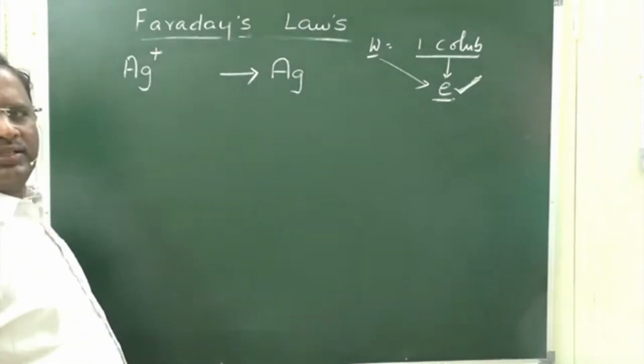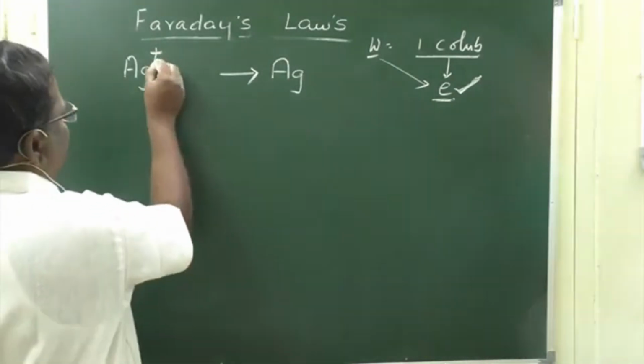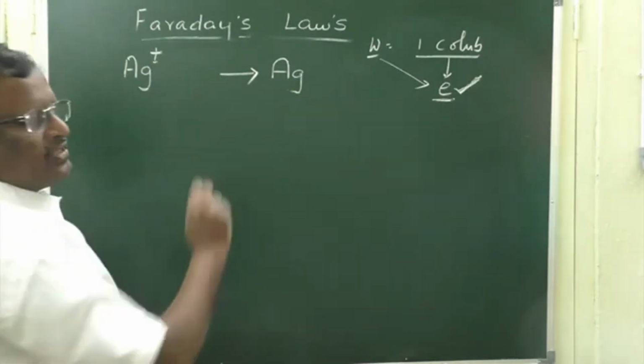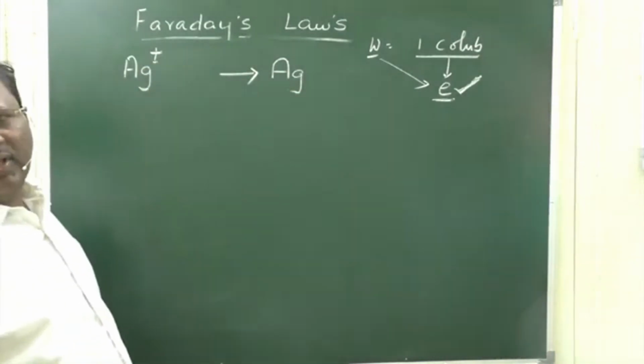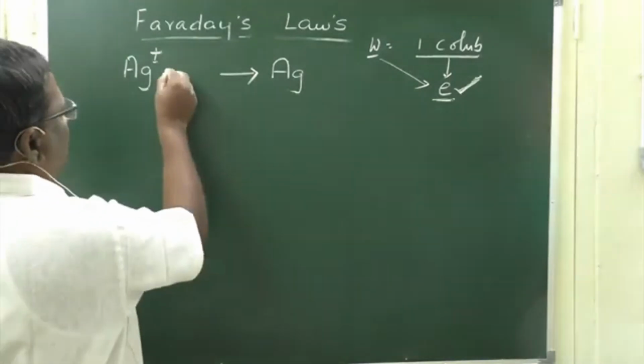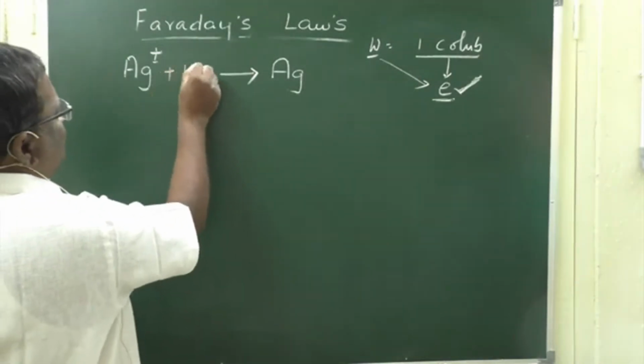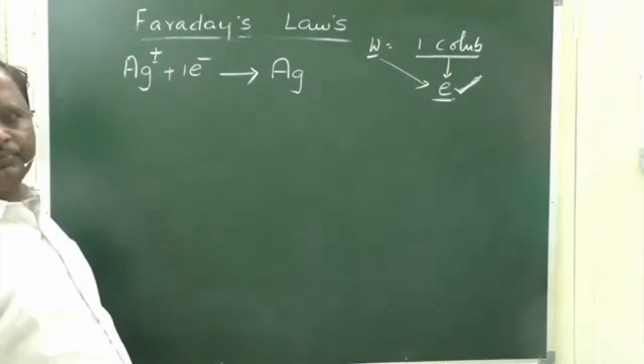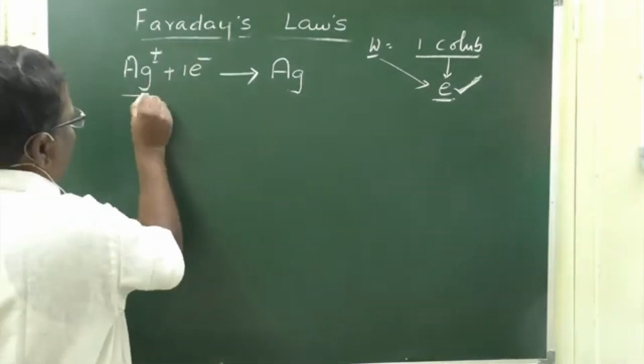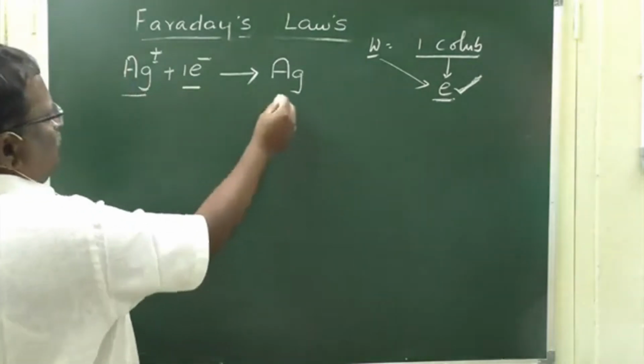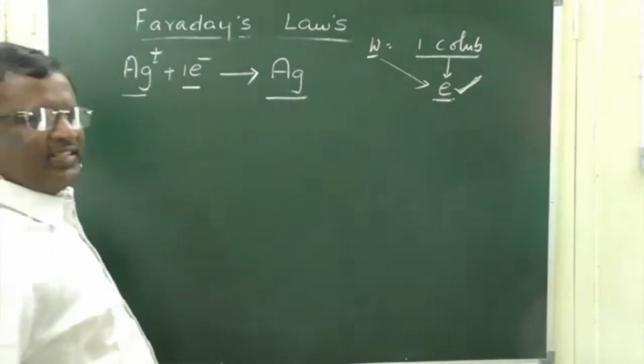It means in electrolysis, the Ag+ ion is converted into an Ag atom. It is possible only when it accepts 1 electron. So, the Ag+ ion, by accepting 1 electron, is deposited as an Ag atom.